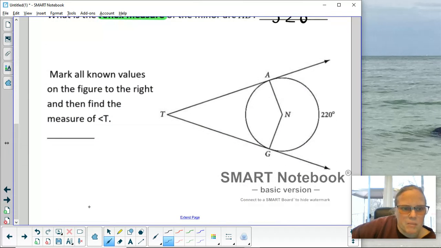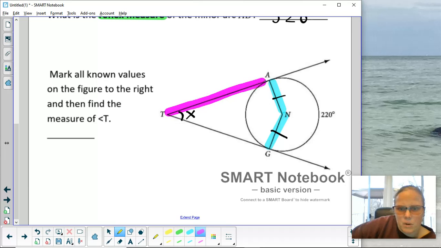All right, in this problem it says mark all the known values on the figure to the right and then find the measure of angle T. So this corner right here is our unknown angle measurement. But notice we have two radii. Those radii will be the same length because they're on the same circle. Then we have two tangent segments.